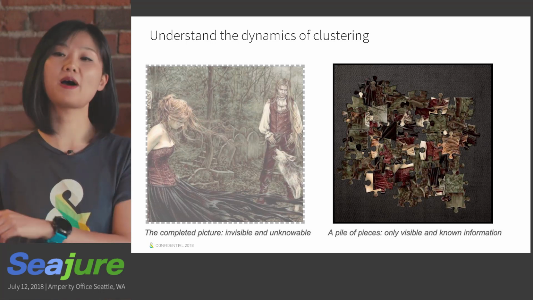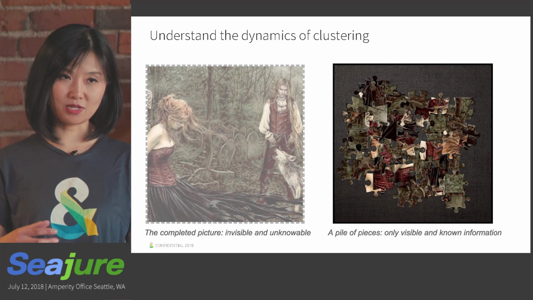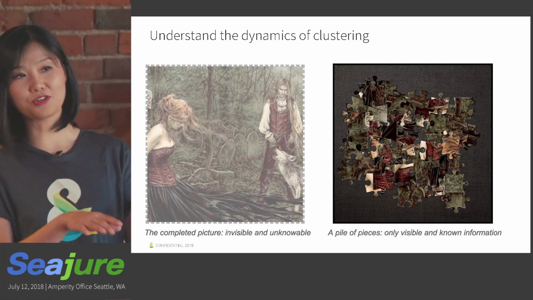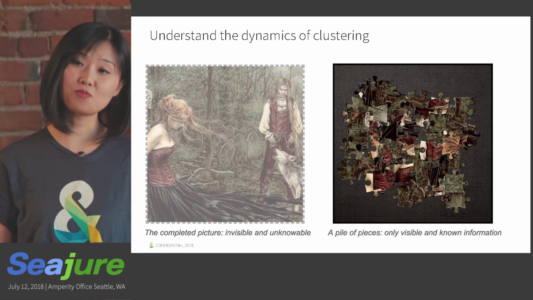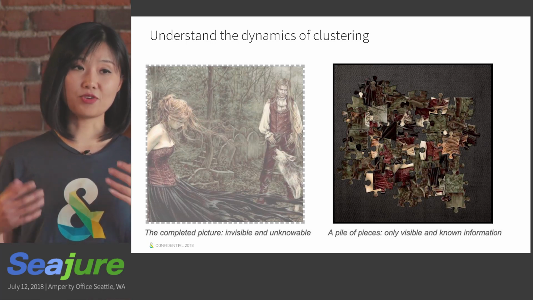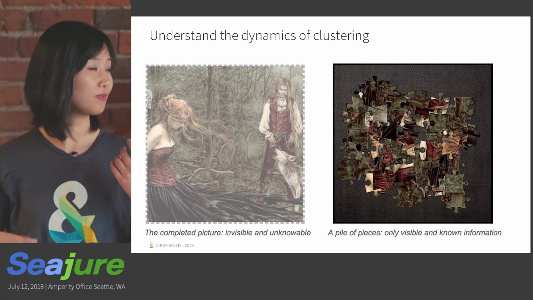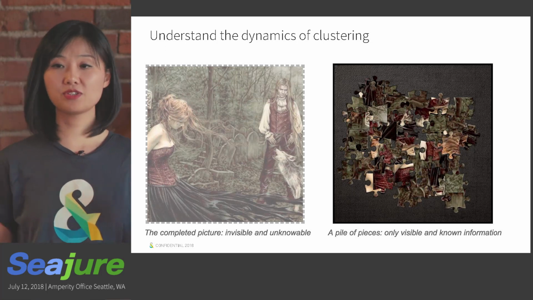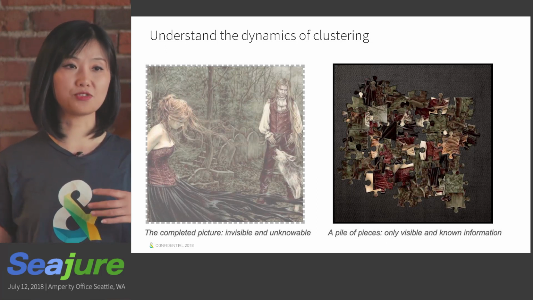Then you dig into the pile again. You have a few more pieces, and you try to incorporate them into the intermediate result of your puzzling. By merging new pieces into the existing clusters, the clusters can split and merge, split and merge, and you keep doing that. Eventually you have a more complete picture, and the clusters stabilize over time.